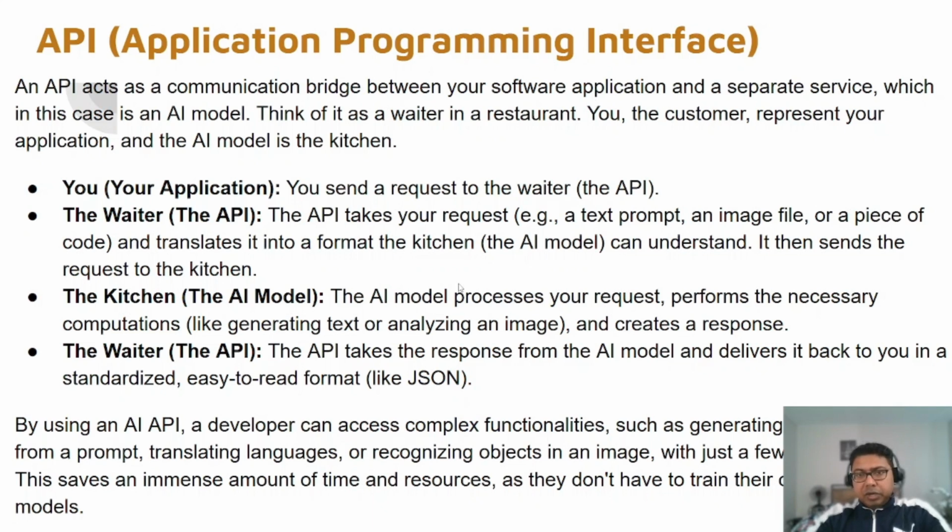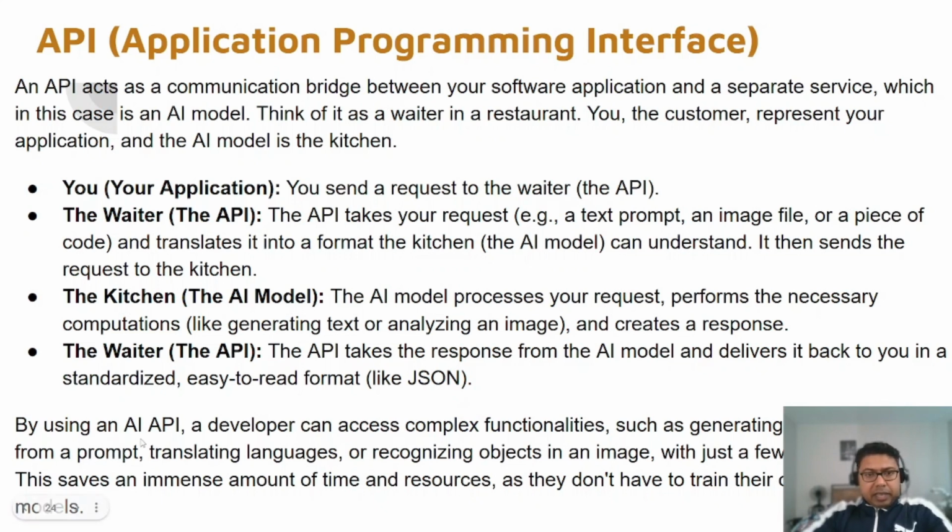Then the AI model will send us a response, just similar to whatever we are seeing on the screen ChatGPT is returning back, but it will return back through an API in a JSON format, and then we can use it programmatically. Then based on that response, we can take a decision what to do.